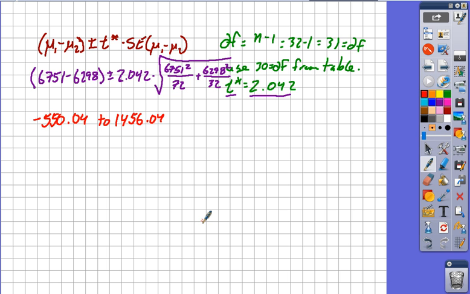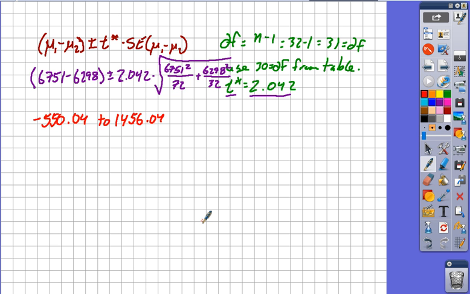Well, if we put this into a sentence, like we should, we are 95% confident that the true mean difference between average daily smiles of humans and aliens is approximately negative 550 to 1,456. Meaning, between aliens smiling 550 more times to humans smiling about 1,456 more times on average.